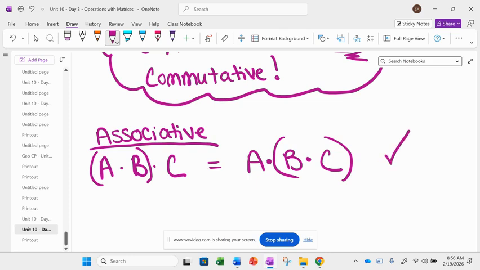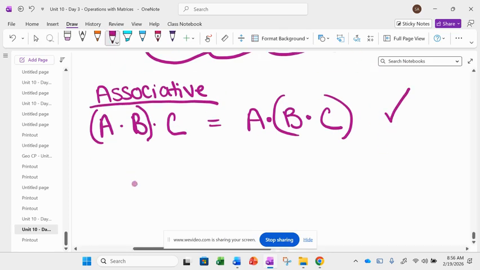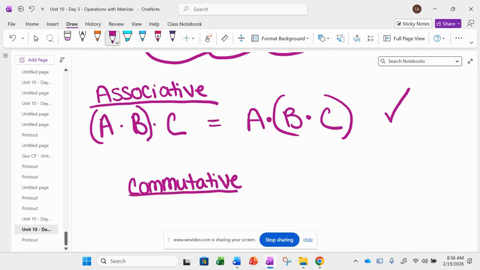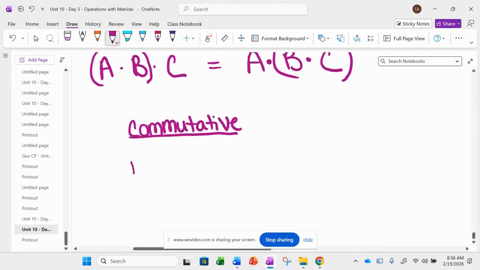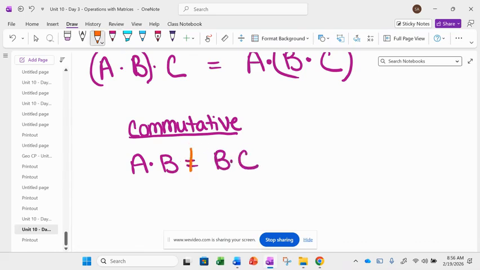This is okay. But what's not okay is switching their placement. So commutative is saying A times B equals B times A. That is not true.